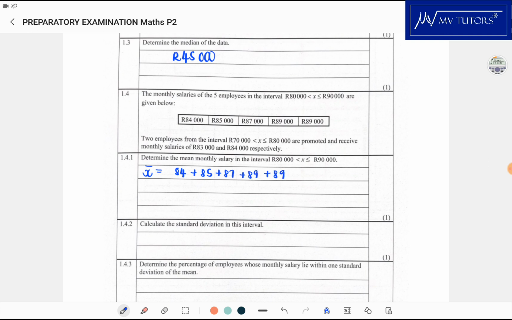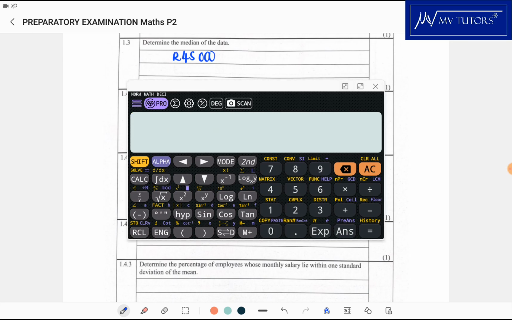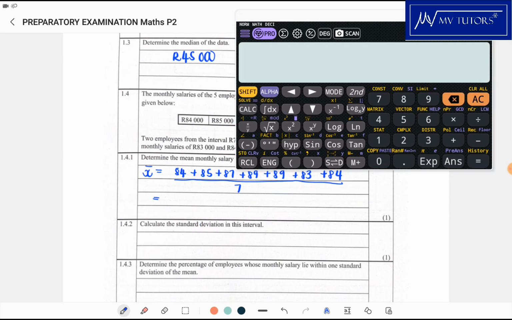I should have said 89 times 2. And then we have 83. Promotions, 1, 2, 3, 4, 5, 6, 7. So we have 7 of them now. Let's check on the calculator what that mean monthly salary then becomes.